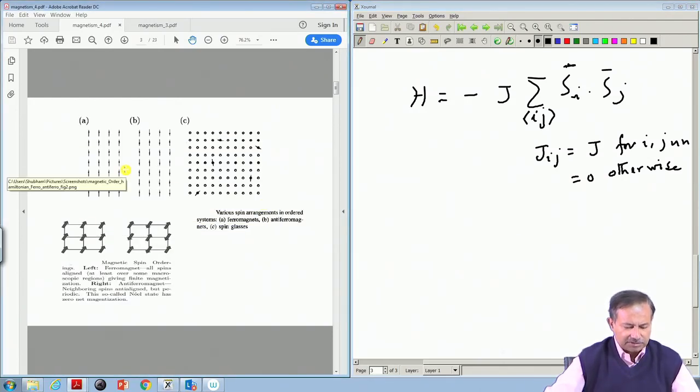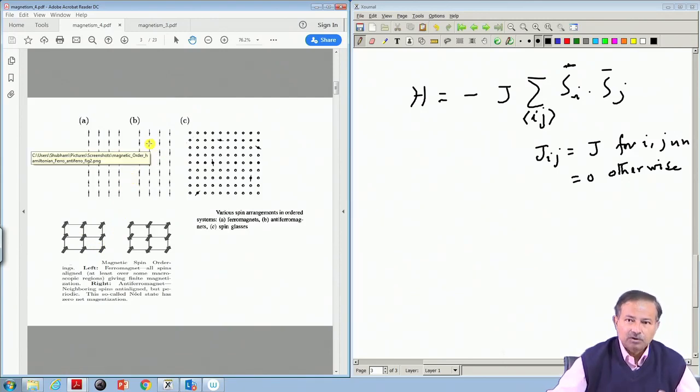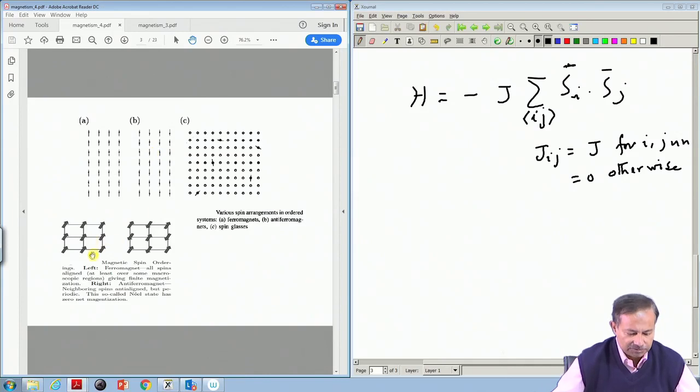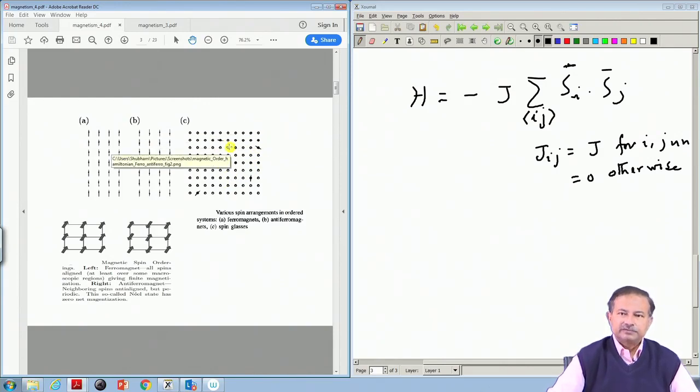As we have been discussing, there are these various kinds of spin orders that come from this interaction, and they provide you a long range ordered state. The long range order can be of various kinds. This is, for example, a ferromagnet, this is an antiferromagnet, which are also shown below, but there is a state mentioned here as C, which is called the spin glass, and I will come back to it. It is a different kind of state where magnetic moments are in a metastable state.